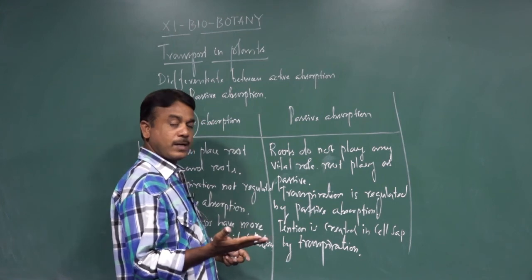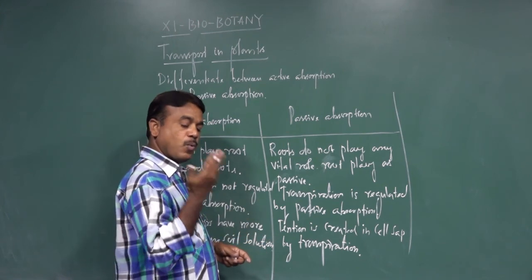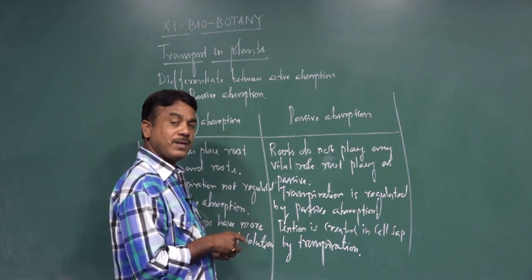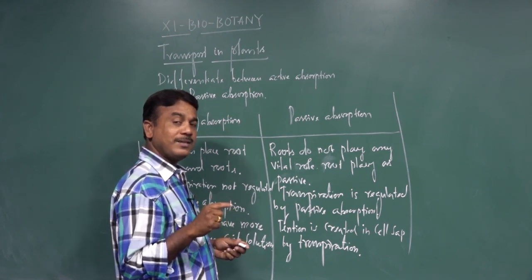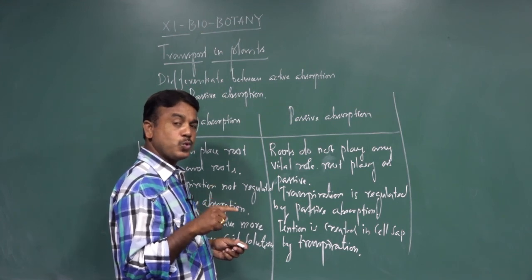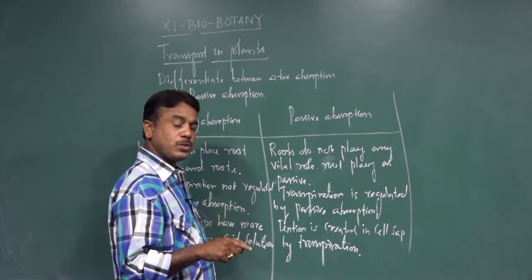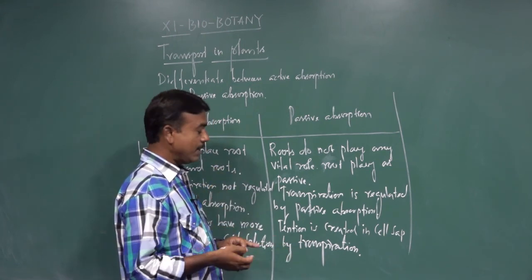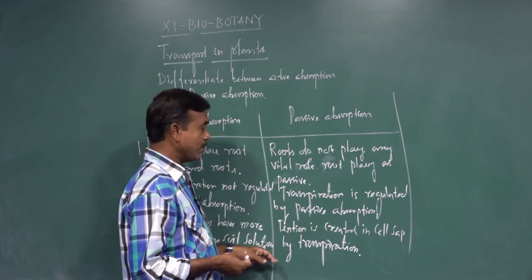By excessive sunlight, more water evaporation takes place. With this, tension is created in the leaf cell, and that tension is moved toward the roots. From the roots, uptake of water and mineral salt takes place. That is commonly called transpiration pull.